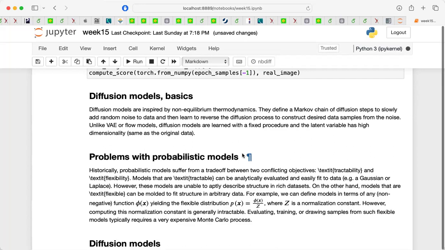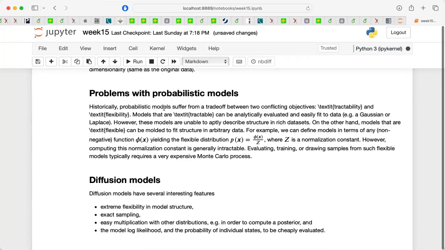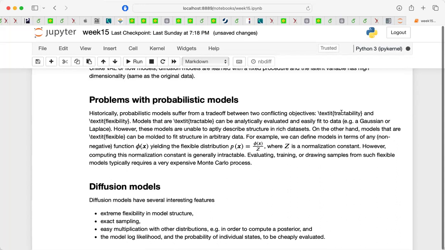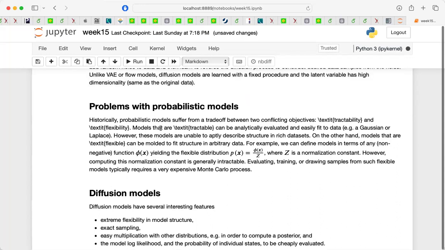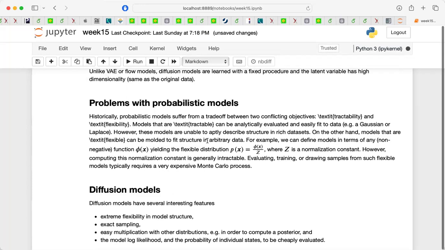If we now look historically at what we have been doing, the path which has been used is to look at probabilistic models. And as we said, they have two conflicting objectives: one is tractability and the other one is flexibility. Models which are tractable can be analytically evaluated and easily fit to data, like a Gaussian. However, these models are unable to describe data which are very rich and complex.